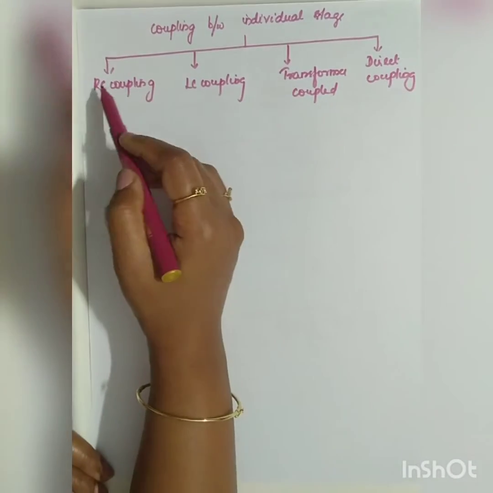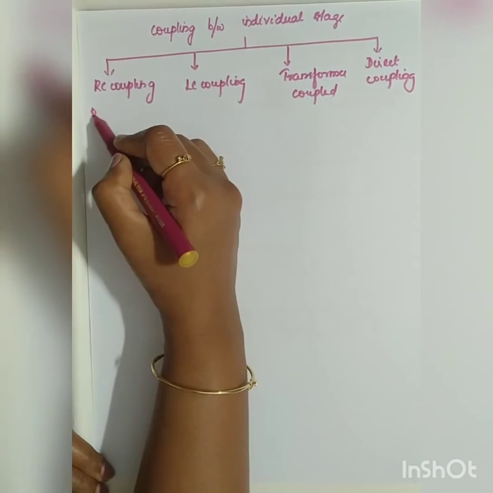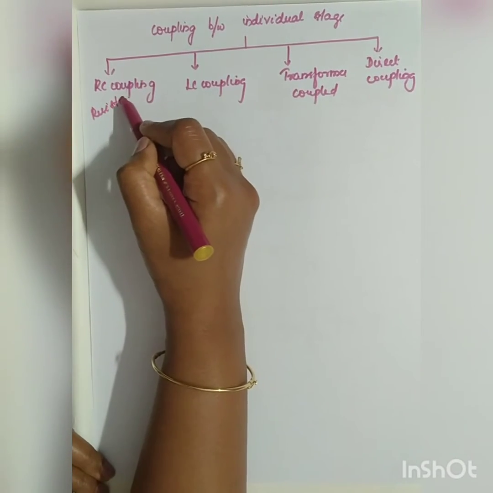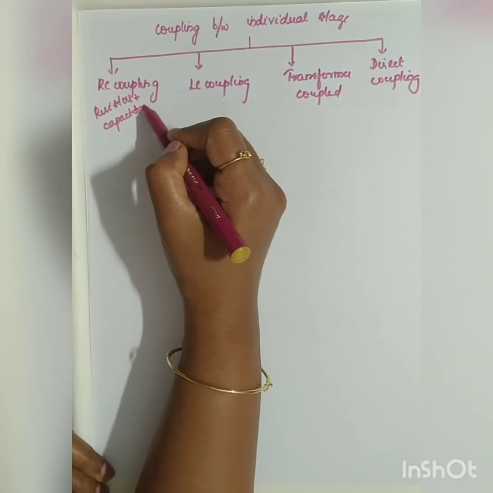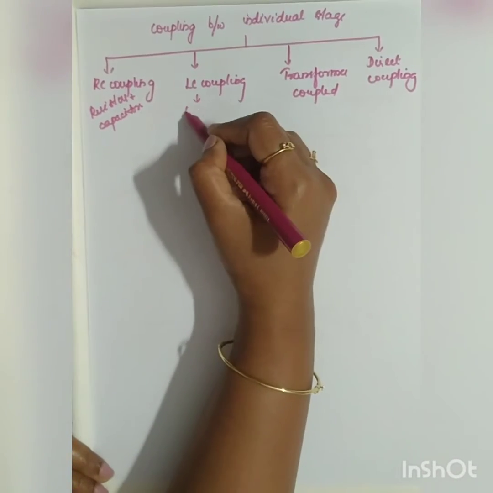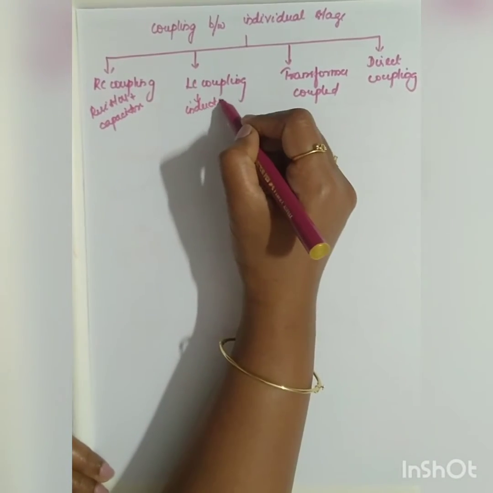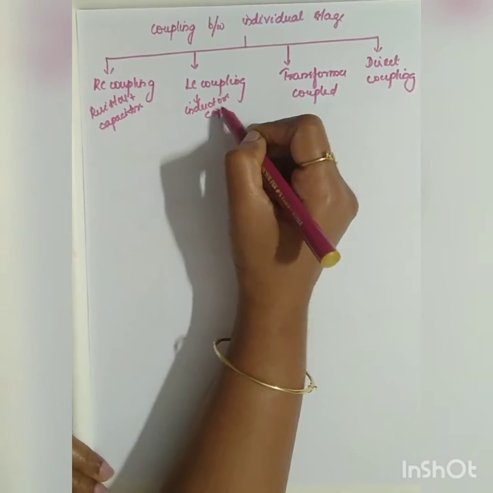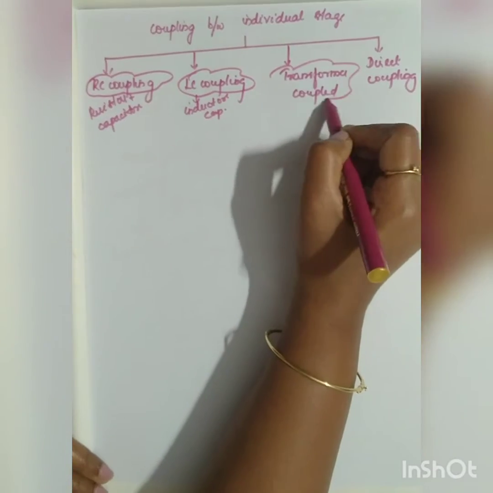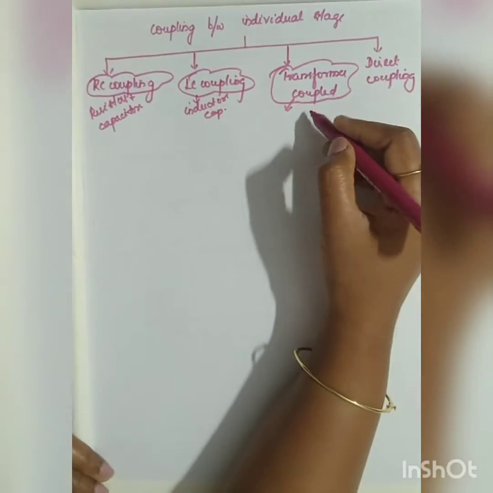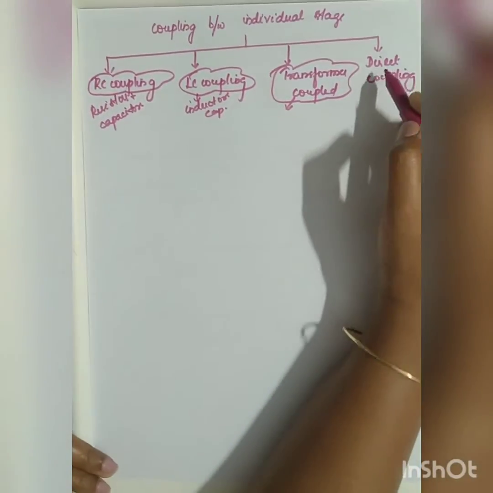So what is the meaning? RC means you have resistors and capacitors as coupling elements. LC means inductors and capacitors. Transformer coupled means the transformer will be the coupling element.